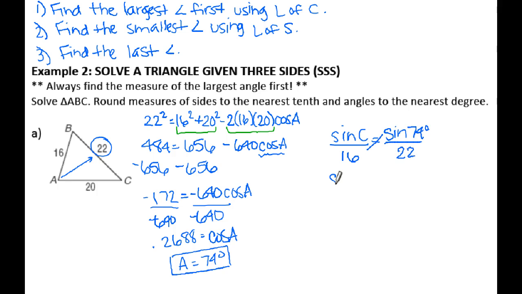I can cross multiply and take the inverse. So 16 sine of 74 divided by 22 gives me 0.6991. I can do the inverse sine, and that gives me 44 degrees.